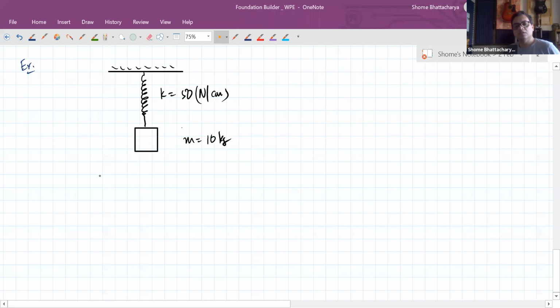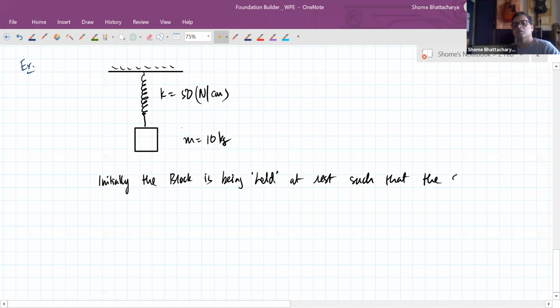Now, initially, the block is being held at rest such that the spring is in a relaxed state.